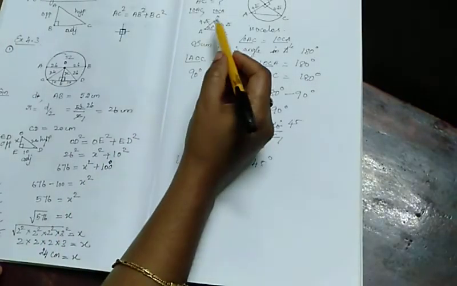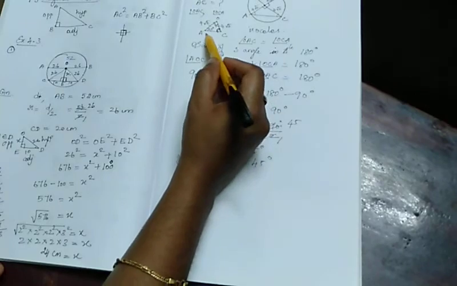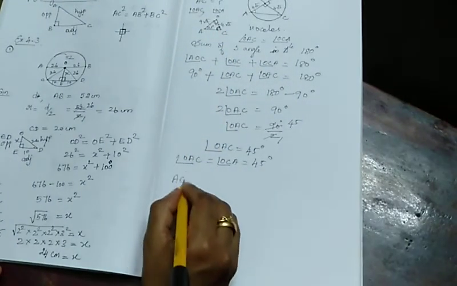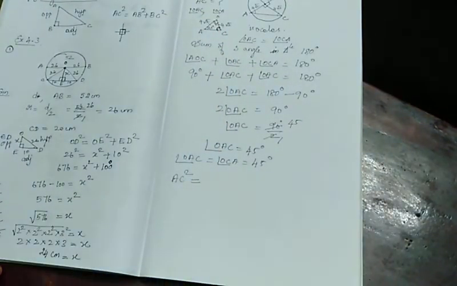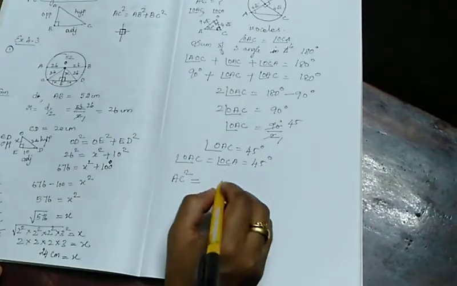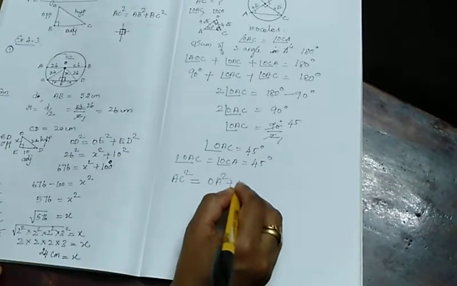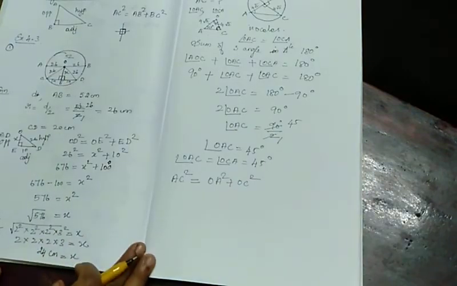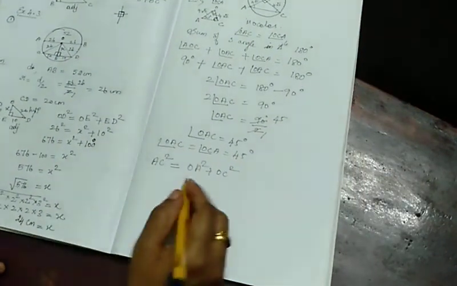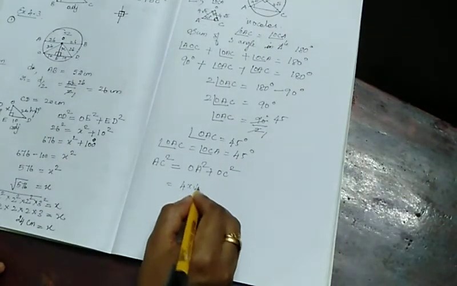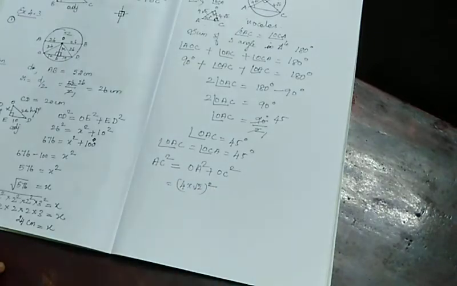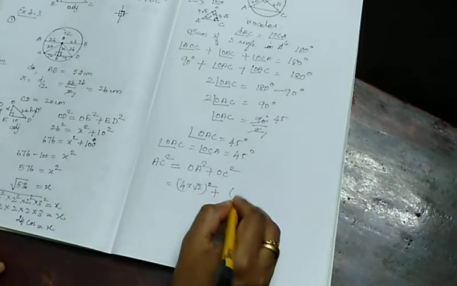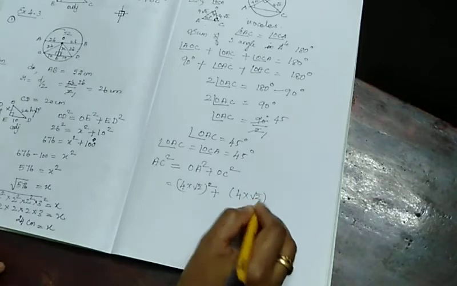Here what is the hypotenuse? Opposite of the right angle. So AC square is equal to the remaining two sides, right? OA square plus, what is OA square? 4 into root 2, the whole square, plus 4 into root 2, the whole square.